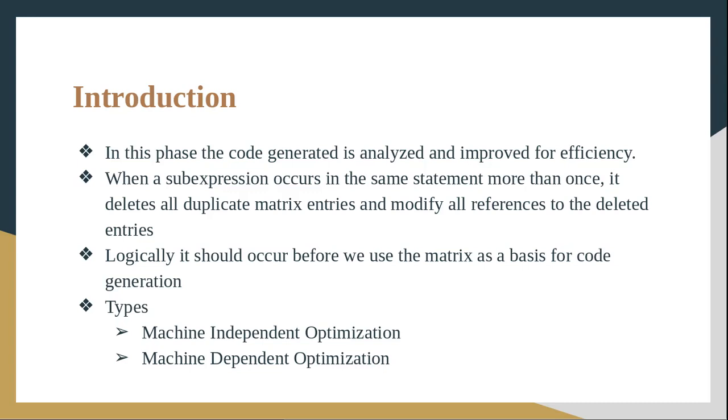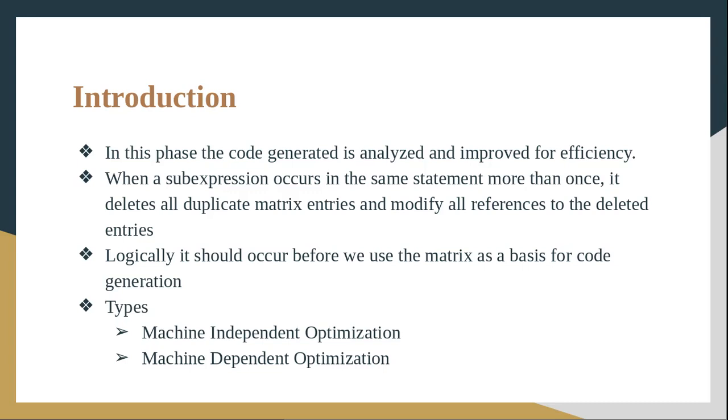If we are optimizing the intermediate code, then it is called machine independent optimization. Why is it called machine independent? Because these intermediate code instructions are not machine dependent. That's why optimization of intermediate code is called machine independent optimization.